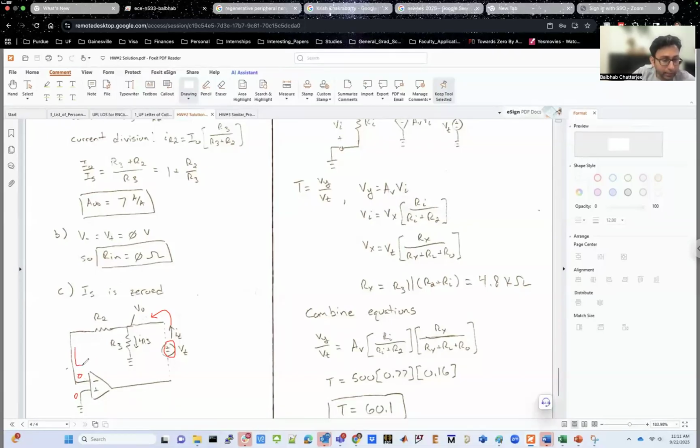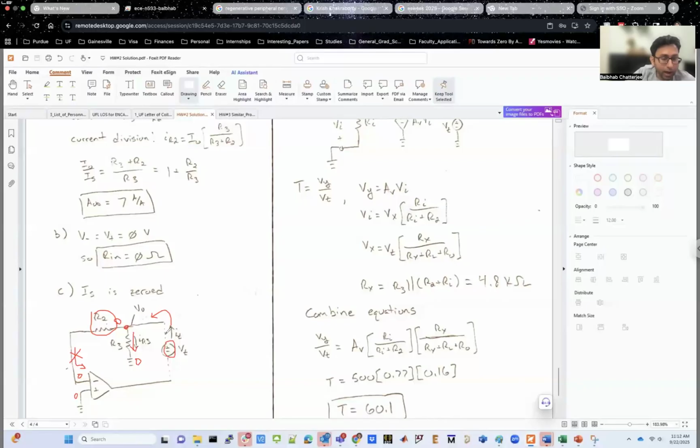And because there cannot be any current flowing into the op-amp's input, there cannot be any current flowing through this. Then by Ohm's law, this point's voltage is also 0 because there is no current flow through this R2 resistance. If there is no current flow, the voltage drop across R2 is going to be 0. So the right side of R2 is also going to be 0. If that is 0, then the current flowing through the R3 resistance is also 0 because this point is also 0.